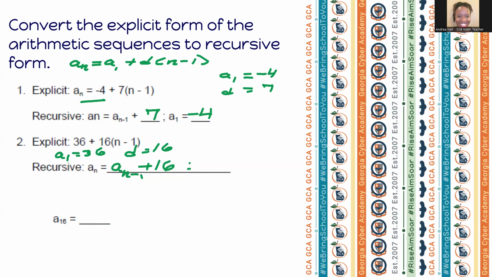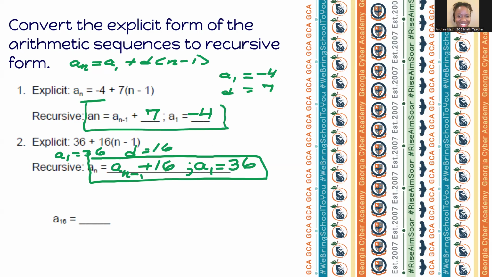And then we would have to say a sub 1 equals 36, because you have to say what the first term is in the recursive form. And this would be your answer. That's what we say a sub n. So just think of that as a sub n.